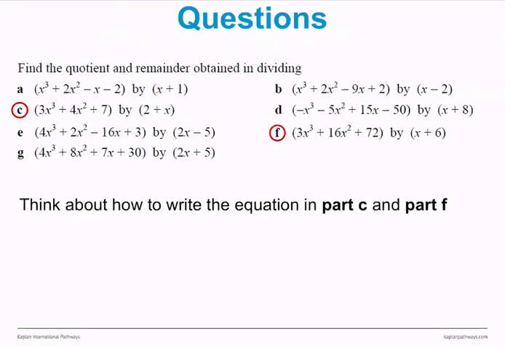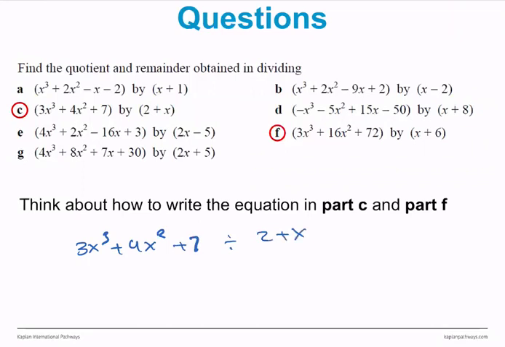These are some questions for you to try, and all the solutions are in the slides. So you can work it out and check your work with the slides because the solution is there. I just want to mention here for you on C and F, for C, for example, 3x cubed plus 4x squared plus 7 divided by 2 plus x.